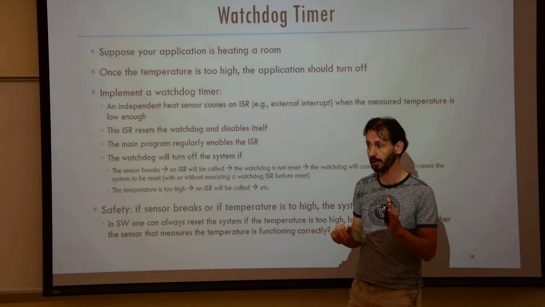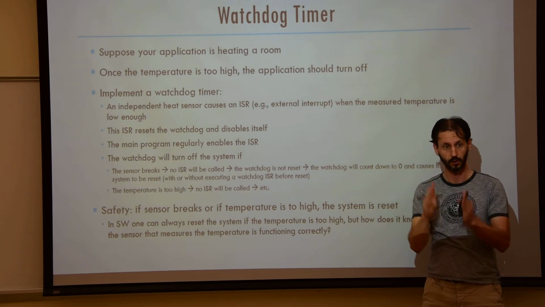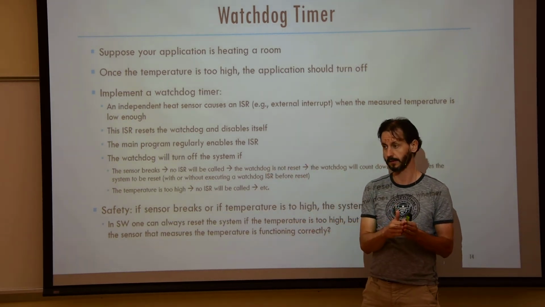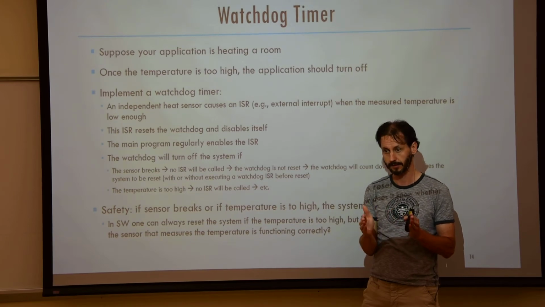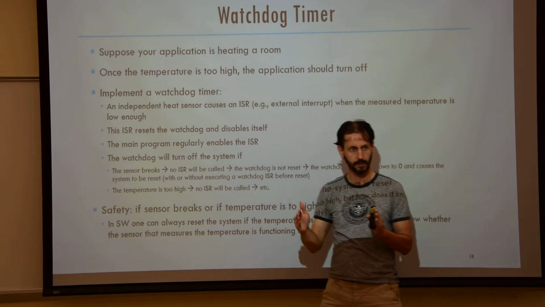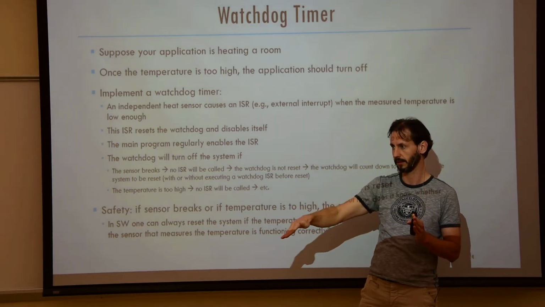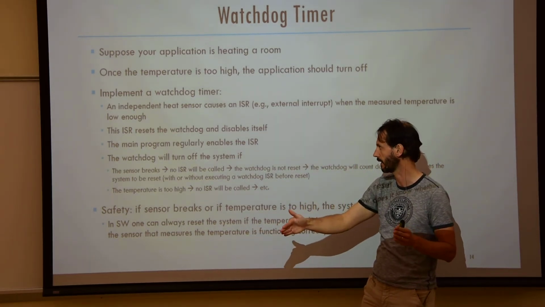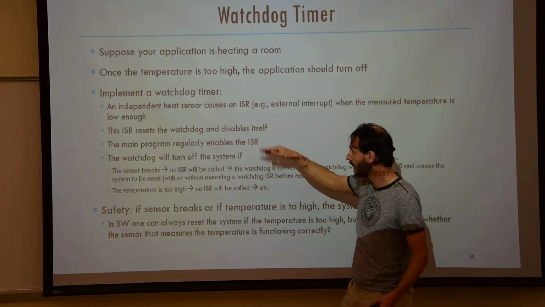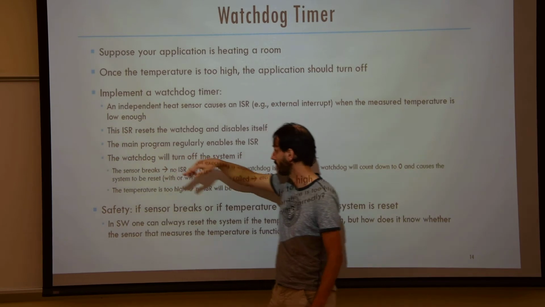It tells the watchdog the temperature is still low. Don't worry, you are programmed to shut off the system in, say, 1 second. Don't do that. You can start your counting back from the highest value, say 4 seconds down to 0 seconds. So it resets the watchdog, and then after that it disables the interrupt service routine.